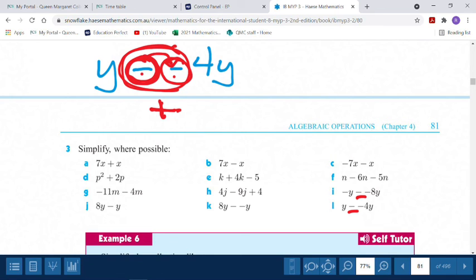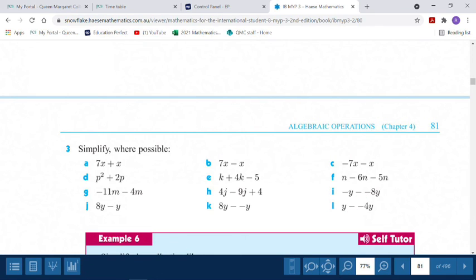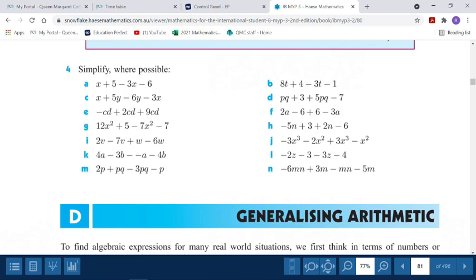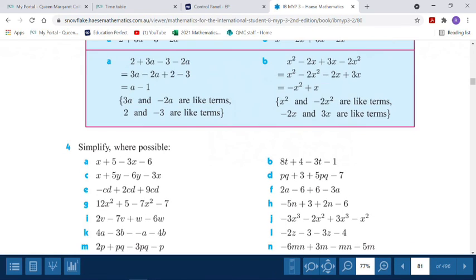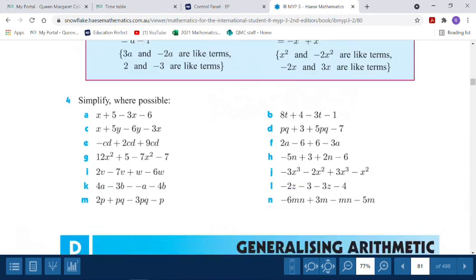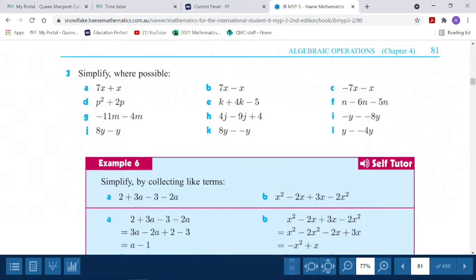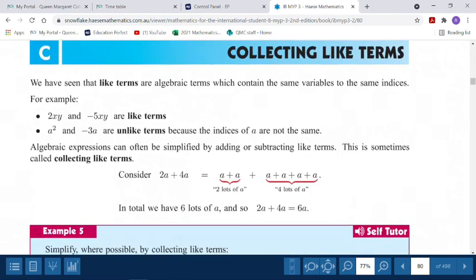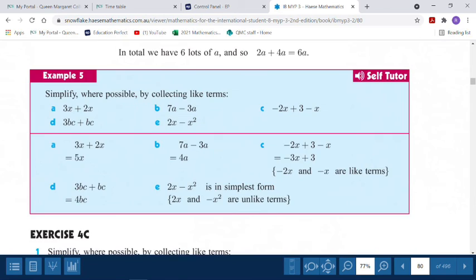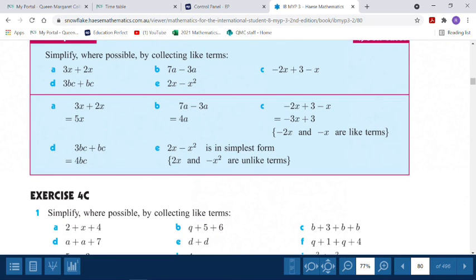Okay. Let's see if they do anything else unusual to you. Nope. Just lots and lots and lots of combining like terms, which is great because you're going to need them. So here's your exercise. And no, you will not be able to see it all on my screen, so you will need your own device. So what you're going to do is you're going to do exercise 4C, all of them.